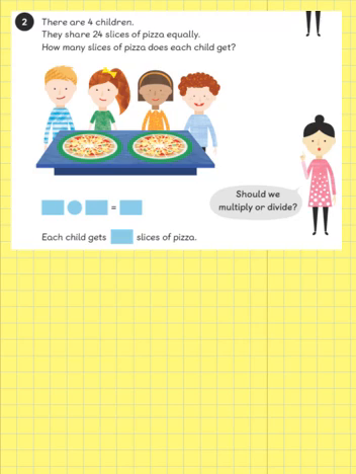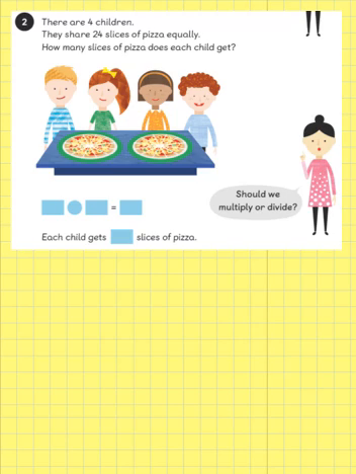So here's one example. There are 4 children. They share 24 slices of pizza equally. How many slices of pizza does each child get? So think about the total number of children. Think about how many slices there are. What method are we going to use to be able to answer that question? Are we going to multiply or divide? Now, you don't need to write this down.